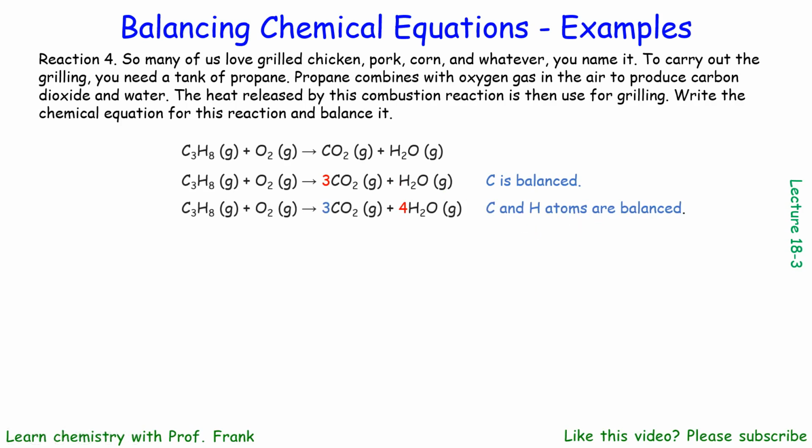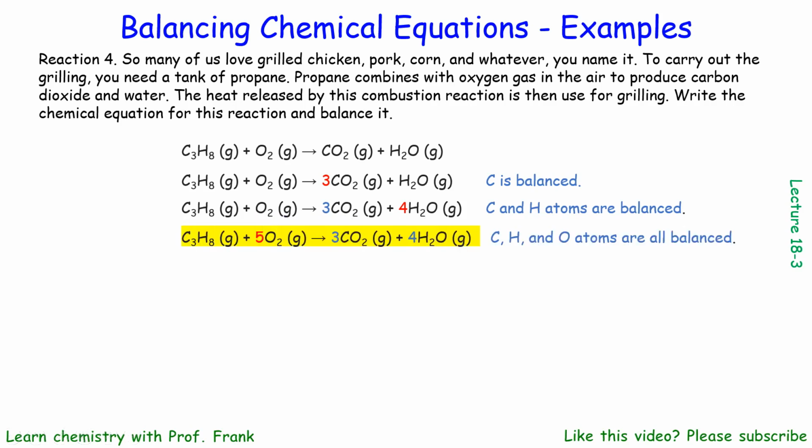So now let's take care of oxygen. Oxygen on the left-hand side, 2. On the right-hand side, we have 6 plus 4, that's 10. All right? So therefore, on the left-hand side, we need to take a coefficient of 5. And now, all of those 3 elements, they are balanced.